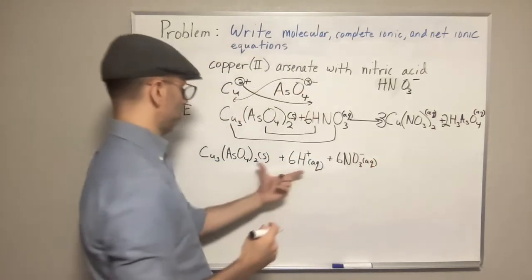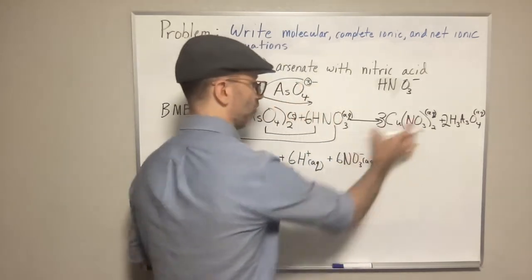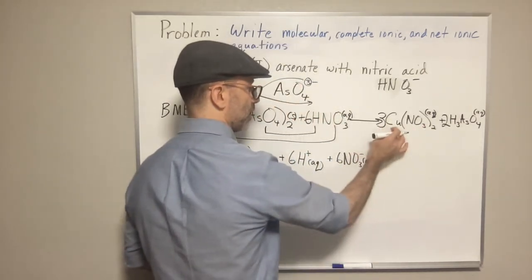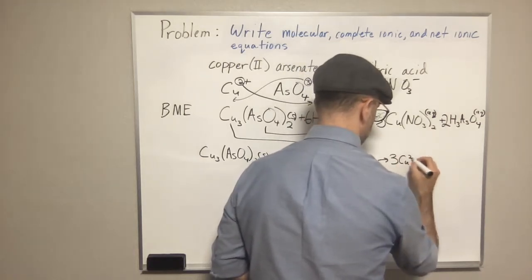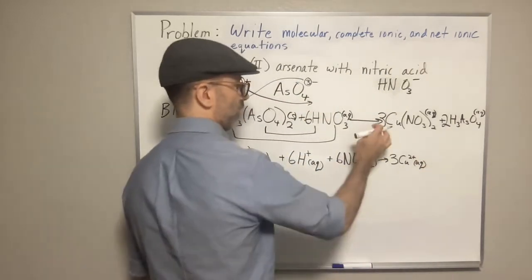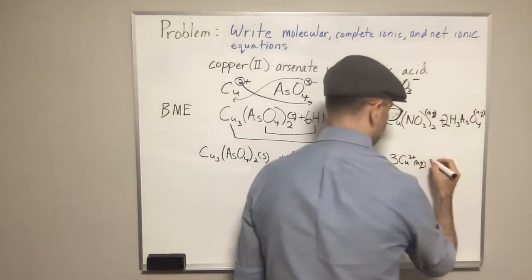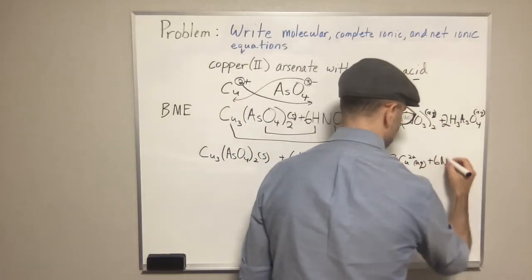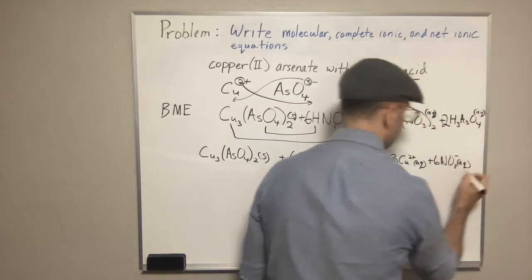So now we're done with our reactants, and so we go to our products. This is aqueous, so we have 3 coppers. So we're going to write 3 Cu2 plus aqueous. And we have 3 times 2 equals 6 nitrates. So that's going to be plus 6 nitrates here, aqueous.